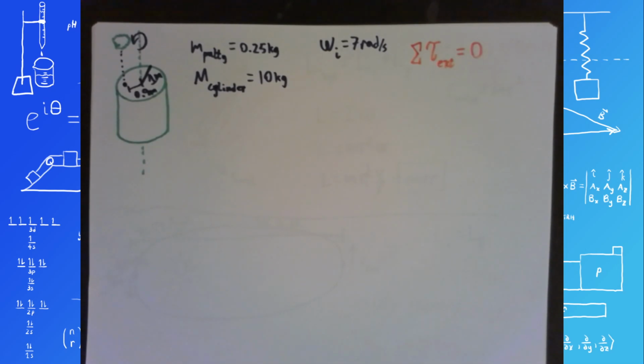Those are internal. They are equal and opposite torques resulting from equal and opposite friction forces between the two objects that act for an equal amount of time. So whatever change in angular momentum the piece of putty causes for the cylinder is going to cause an equal and opposite amount of change to the piece of putty.